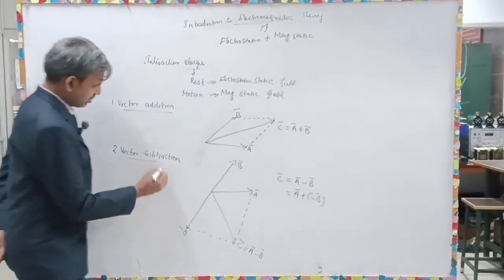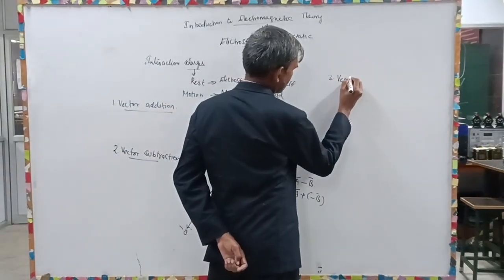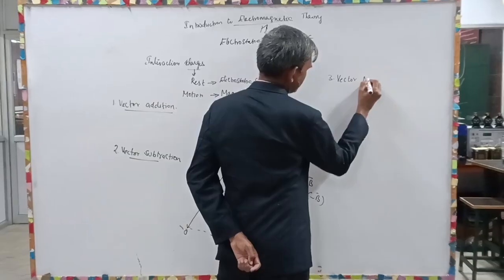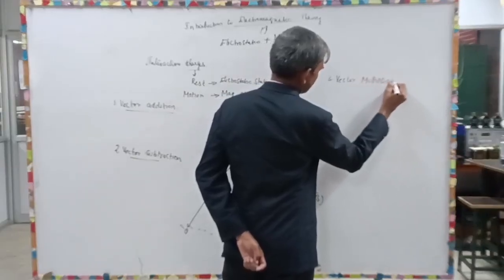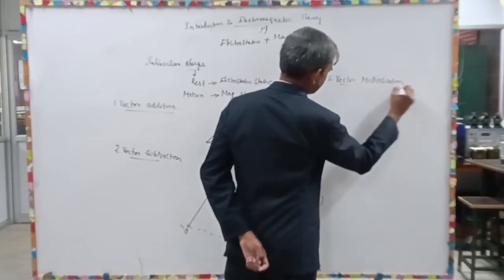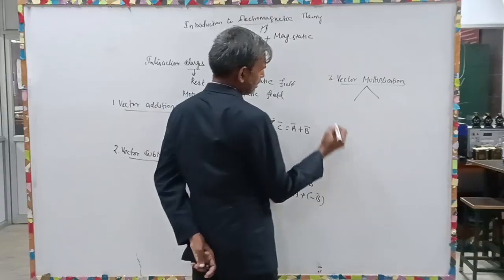And the third one is vector multiplication. We have two types of vector multiplication.